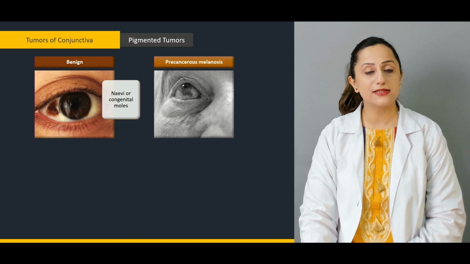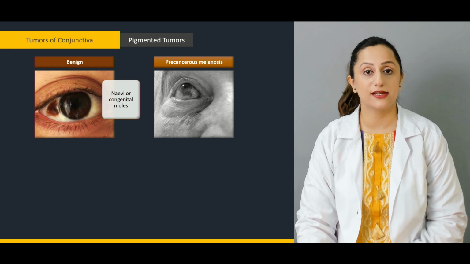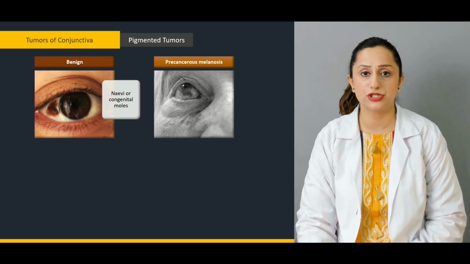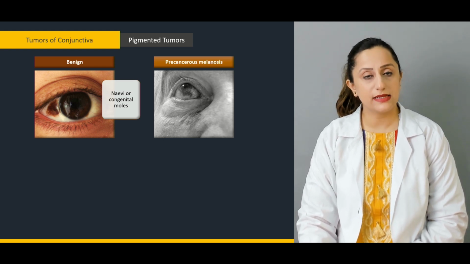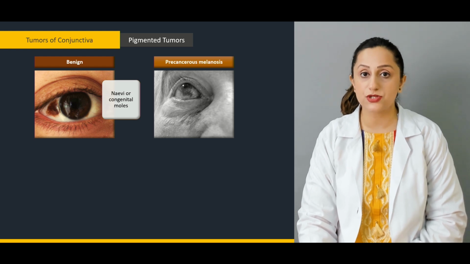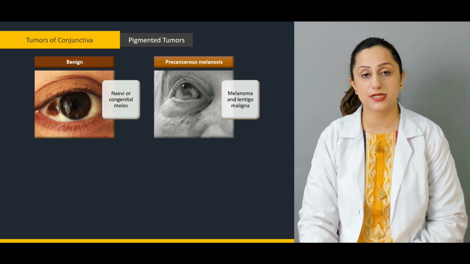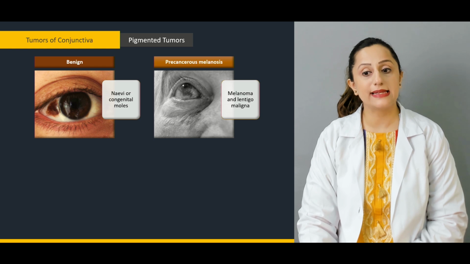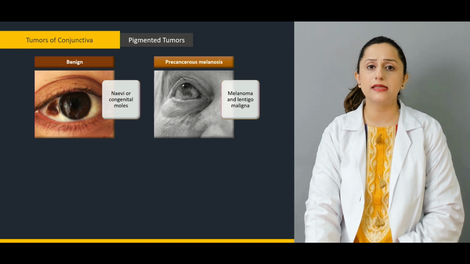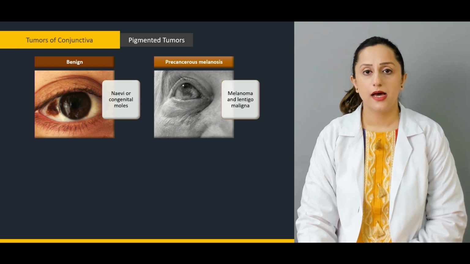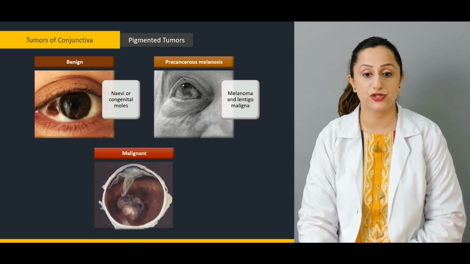There are a lot of precancerous melanosis conditions in which a melanoma arises in the conjunctiva, giving off a brownish discoloration, which can be blackish in a lot of conditions. It's a benign condition, although a precancerous one, which means that it can mutate towards a cancerous condition. Melanomas and lentigo maligna are the conditions that can arise over here. They are small tumors giving off a pigmented appearance, and they are precancerous in their nature.